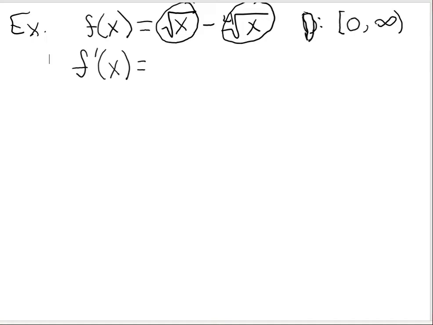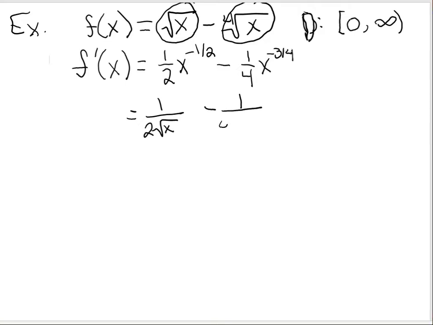So by doing the power rule, we get 1/2 x to the negative 1/2 minus 1/4 x to the negative 3/4, or rewritten 1 over 2 square root of x minus 1 over 4 fourth root of x cubed.